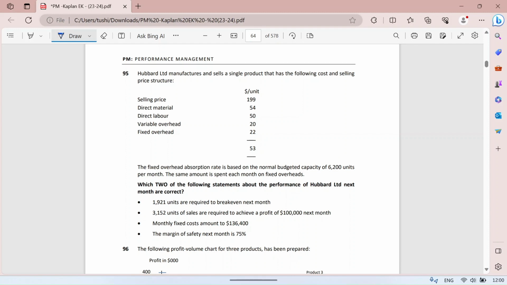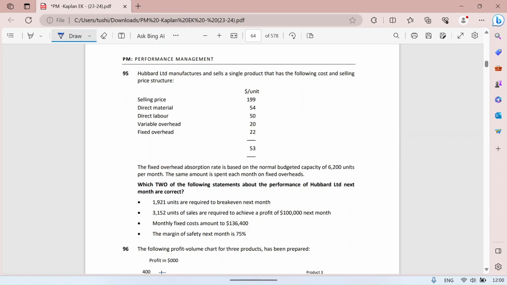The second statement says 3152 units of sales are required to achieve a profit of this much. Monthly fixed costs amount to this much, and the margin of safety is this much. So we will see which of the statements are actually correct.